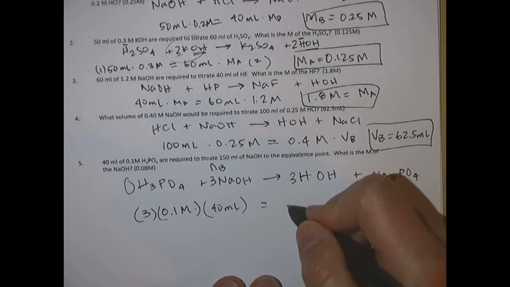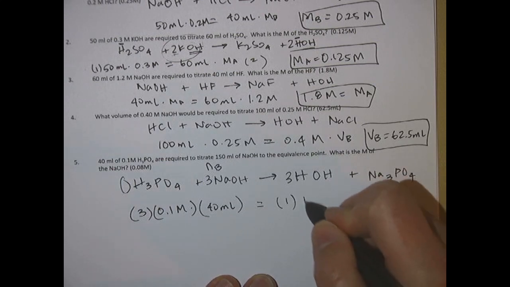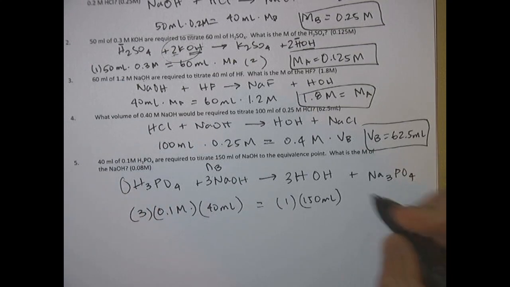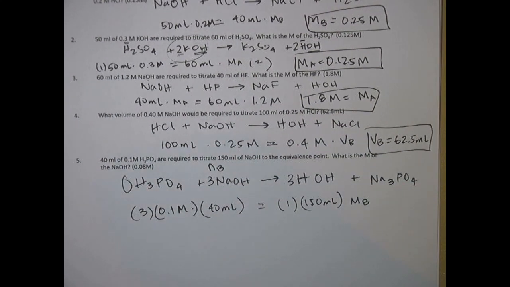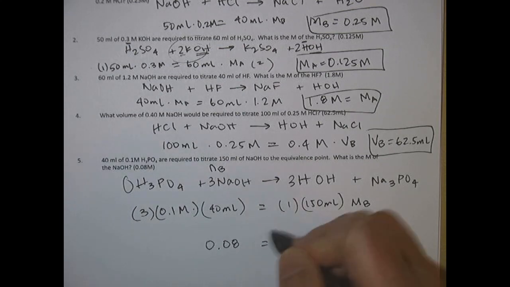So 1. I mean, you can write it if you want to. And then volume of base is 150 milliliters, and the molarity of the base is what we're looking for. So take this equation, divide both sides by 150, and you will find out that the molarity of the base is 0.08 molar.